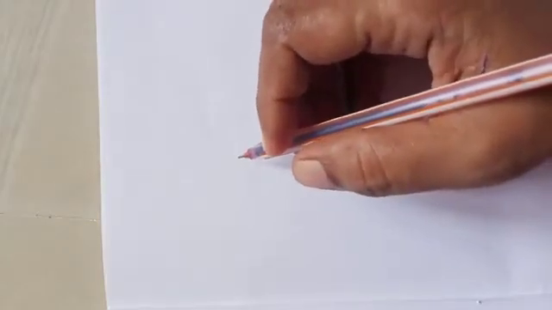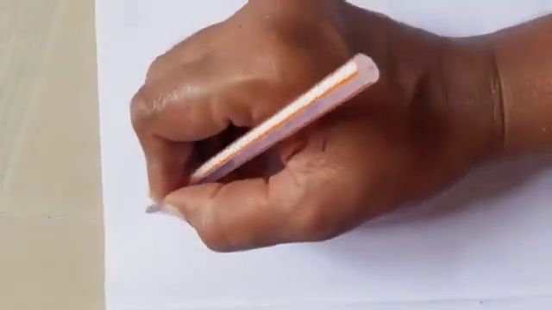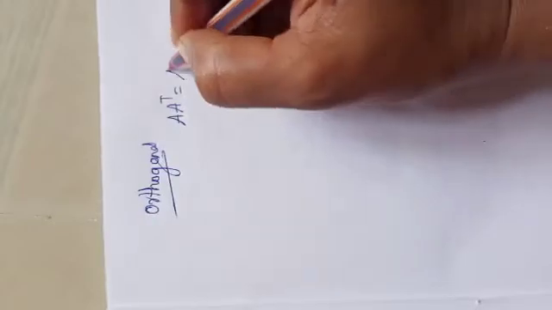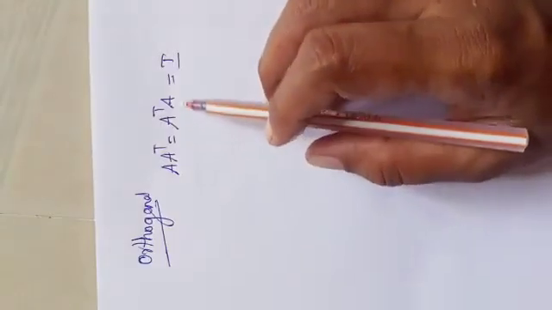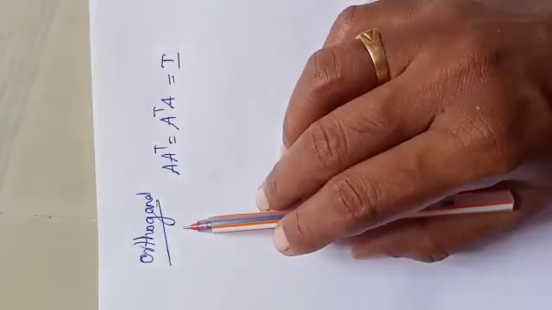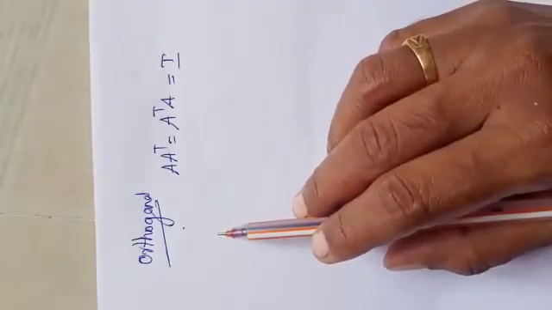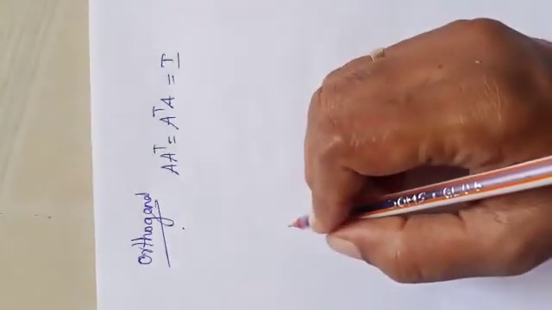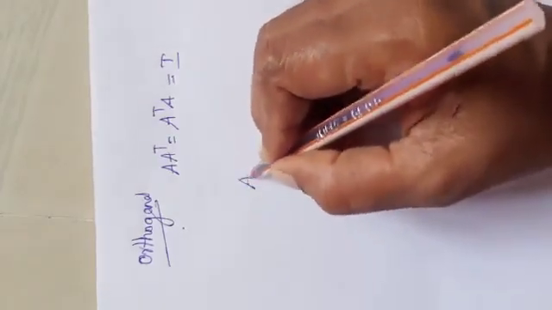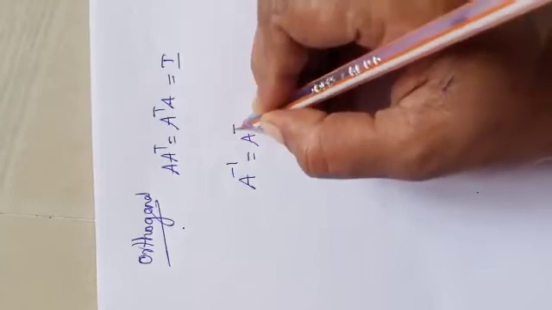And one more thing, orthogonal matrix. What is an orthogonal matrix? A square matrix is said to be orthogonal if A into A transpose is equal to A transpose into A is equal to I. If it is so, we can say the given matrix is orthogonal. And moreover, one more note we learned: A is orthogonal if and only if A is non-singular and A inverse is equal to A transpose.